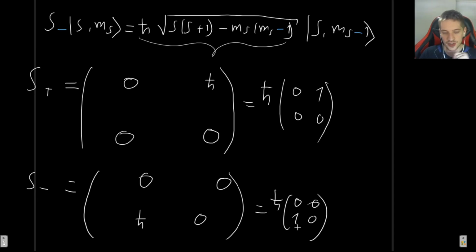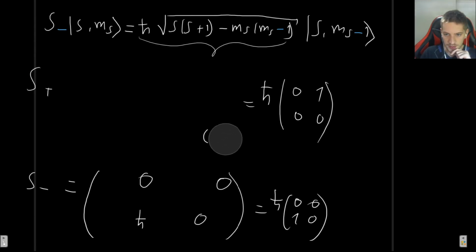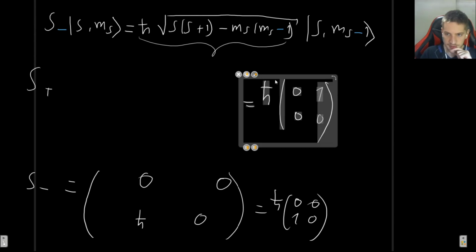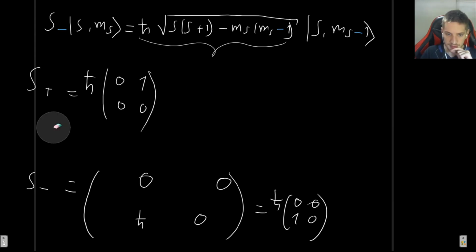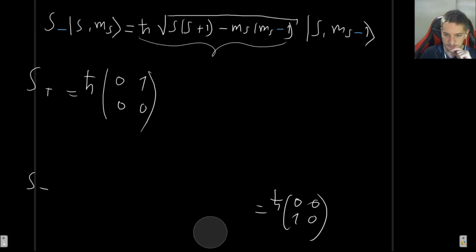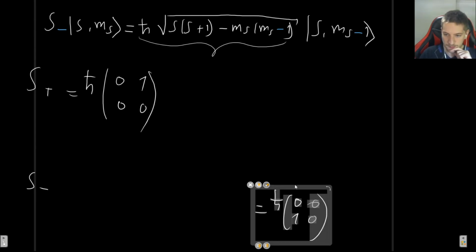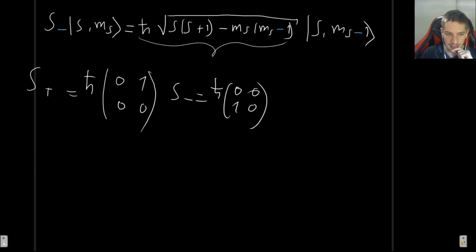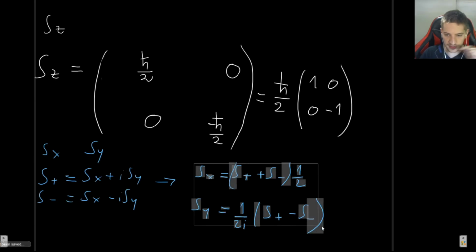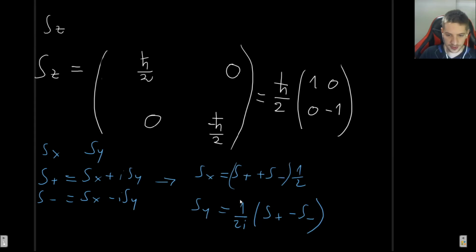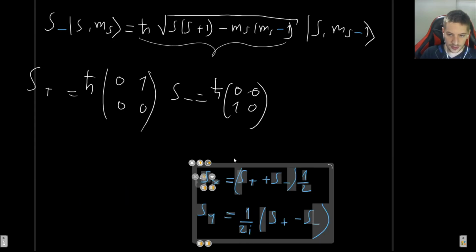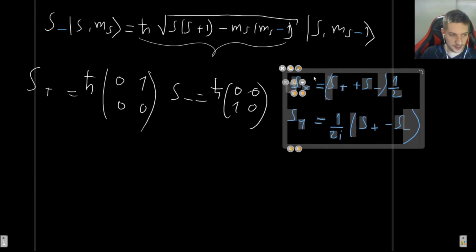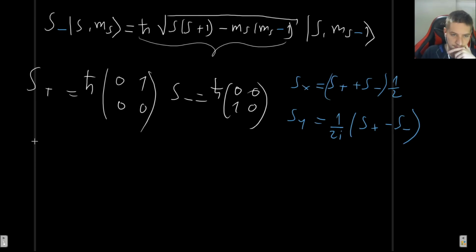Okay, so we know s plus and s minus. Let me maybe rewrite this so that we can see all of this at the same time. Okay, and let's now remember the formulas that we just found. So Sx and Sy in terms of these other two operators. So this is what we found. So what is Sx?